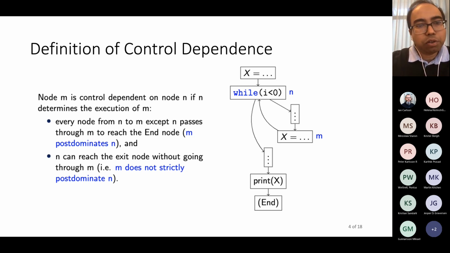The formal definition of control dependency is like this: a control flow graph node M is control dependent on another control flow graph node N if N determines the execution of M in the following way.